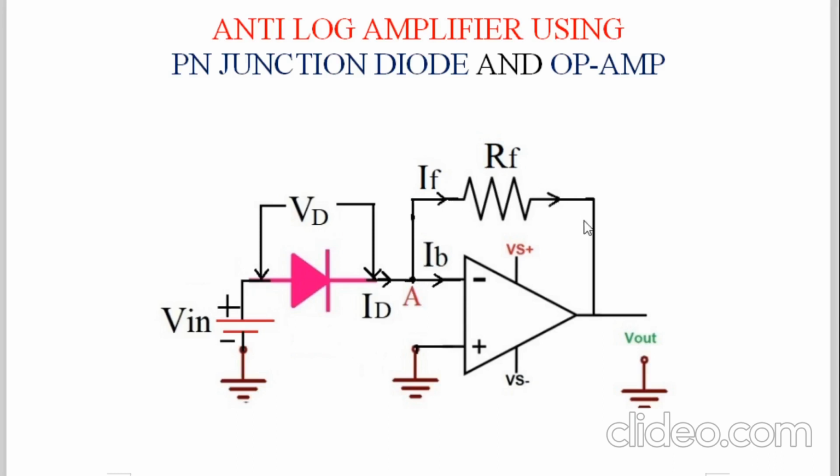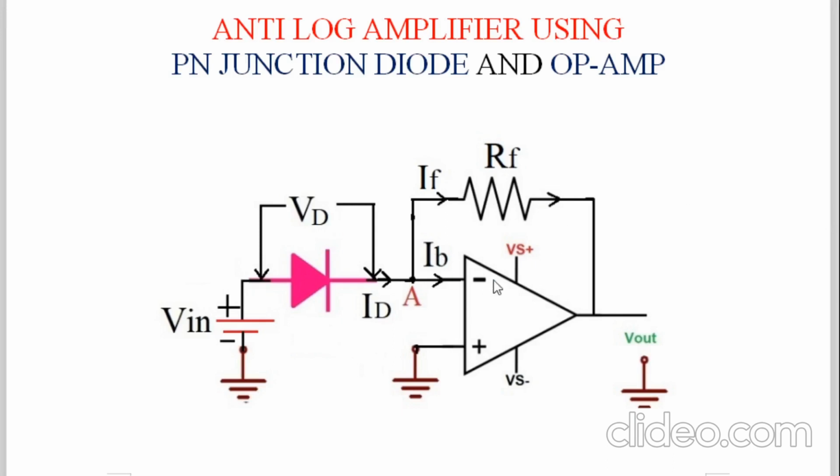The right hand point is the output of the op amp. So the voltage across the feedback resistor VRF can be given as VA minus Vout. But here it is V in minus VA, because the right hand side voltage is always subtracted from the left hand side voltage. That you have to remember.